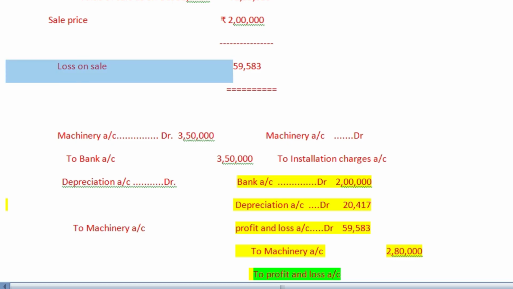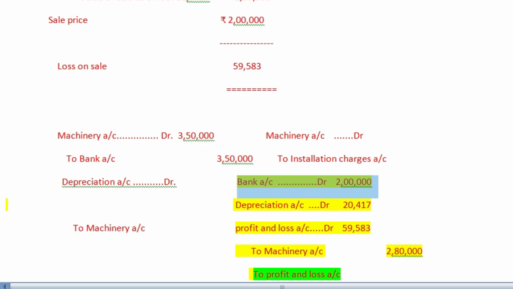So when the loss on sale is 59,583, this is called loss on sale, and this loss on sale shall be transferred to profit and loss account. Journal entries here, this is in the year of sale: Bank account 2 lakh rupees.